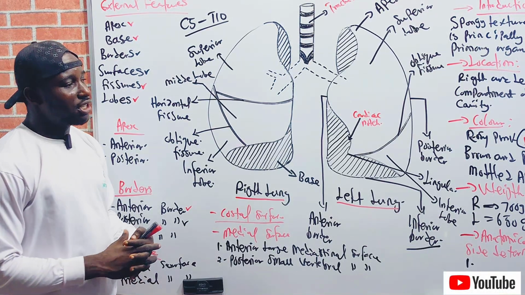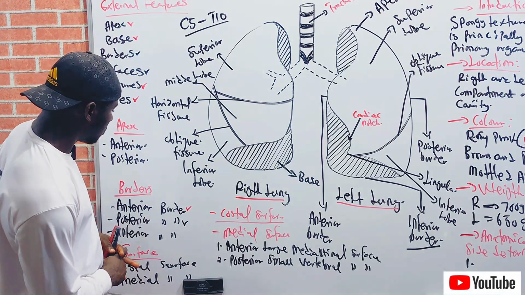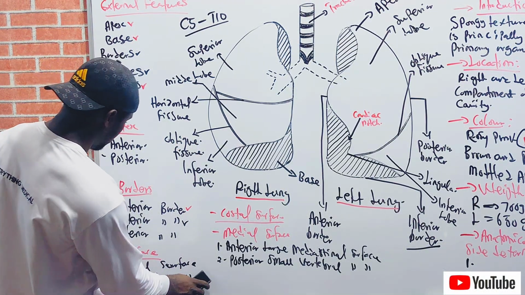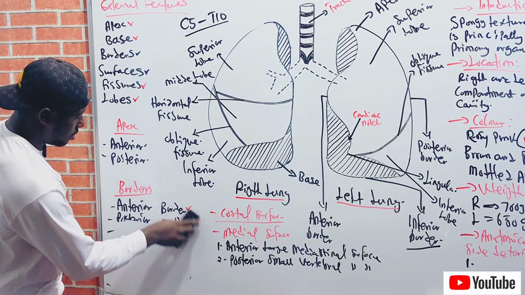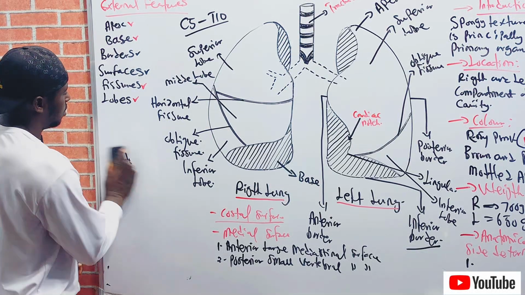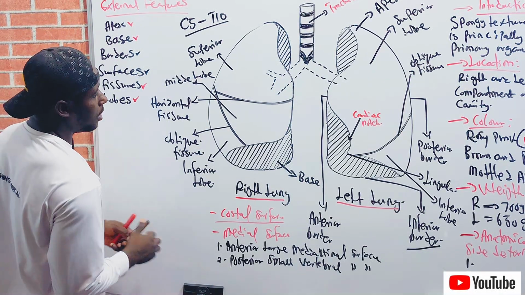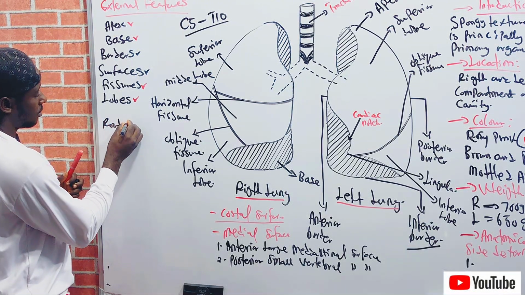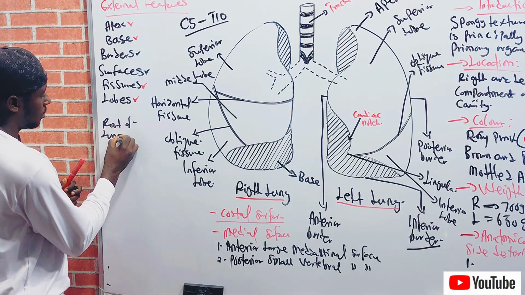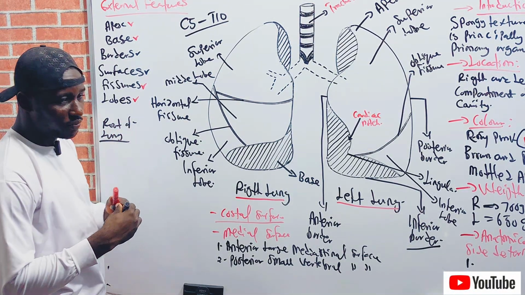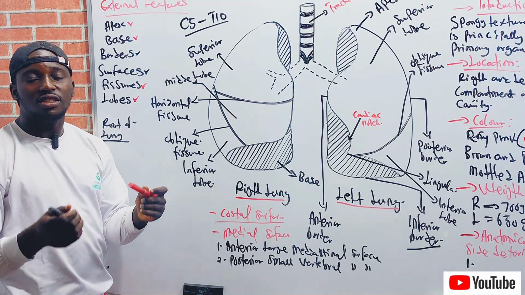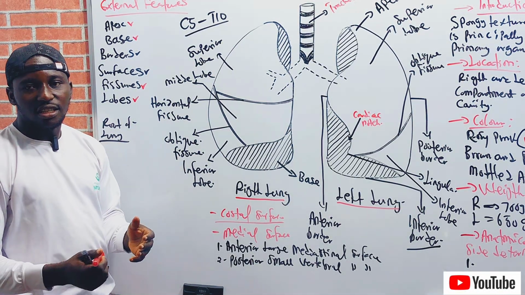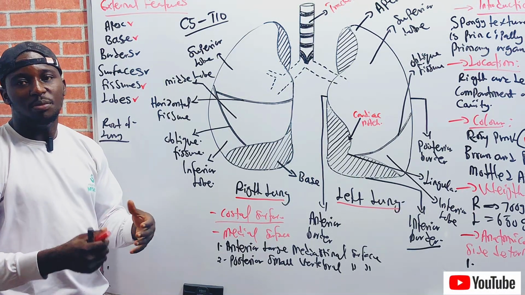Now, the next we shall be discussing is the root of the lungs. What is the root of the lungs? The root of the lung is a short, broad pedicle connecting the medial surface of the lungs to the mediastinum.